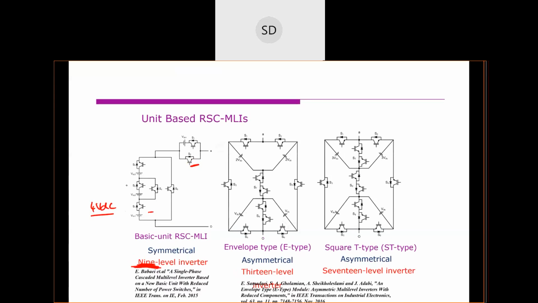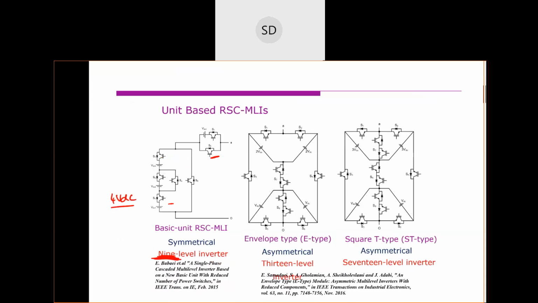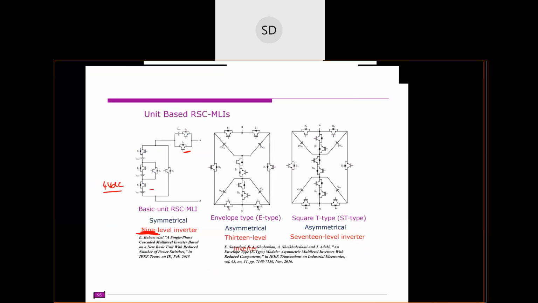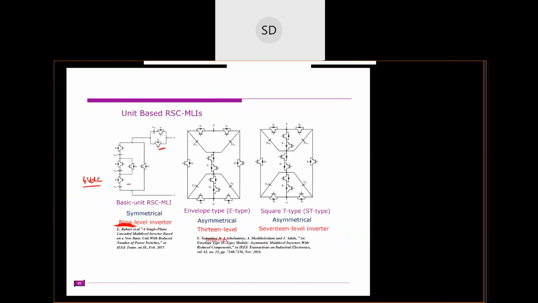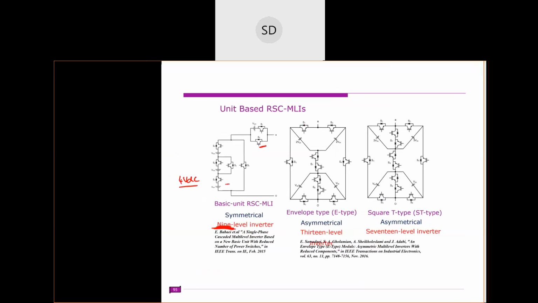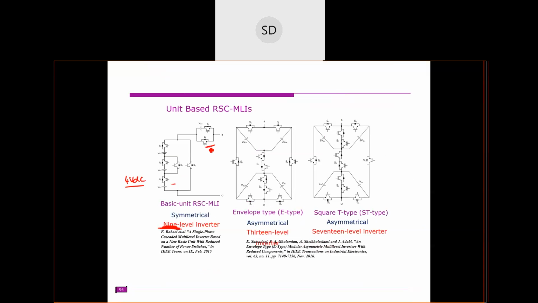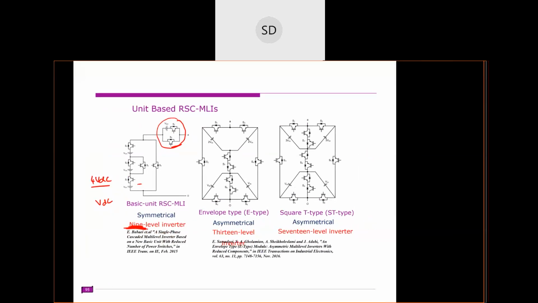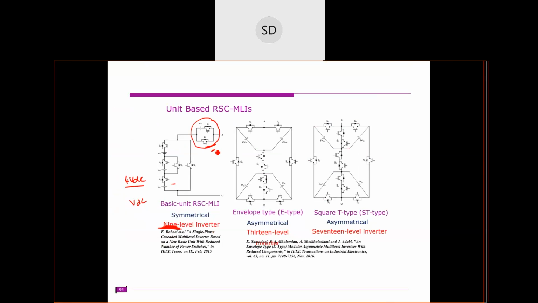You cannot access this middle one. Therefore, in that case, you cannot access this middle one. That means if you want VDC only, you cannot obtain VDC from that. So therefore, we have this additional unit.